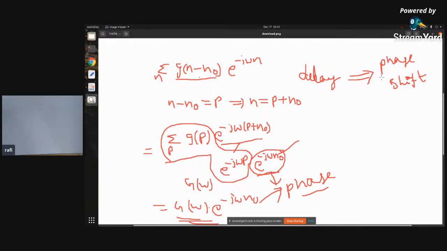So when you delay a signal, it affects the phase of the spectrum. Okay, is this one clear?